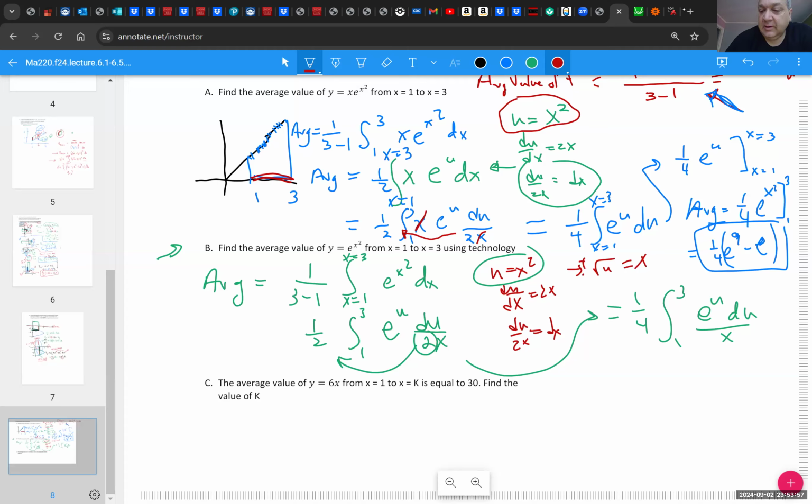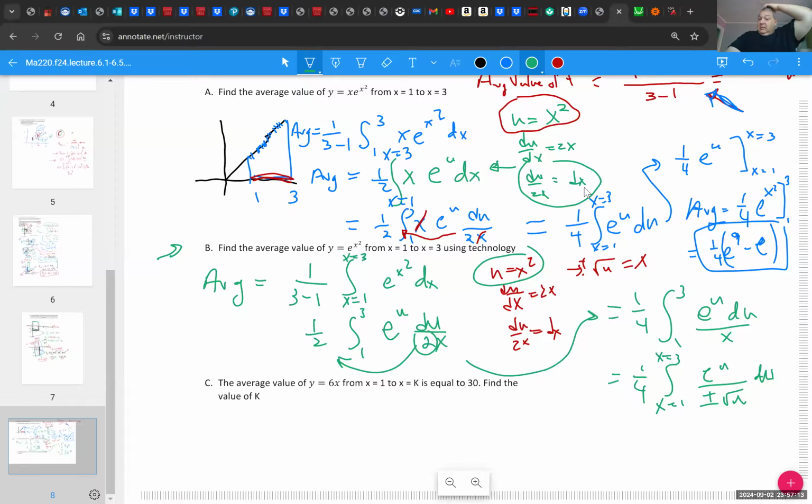So we end up with this formula. These are still x values, by the way. And we get e to the u over plus or minus square root of u du. See what's going on there.